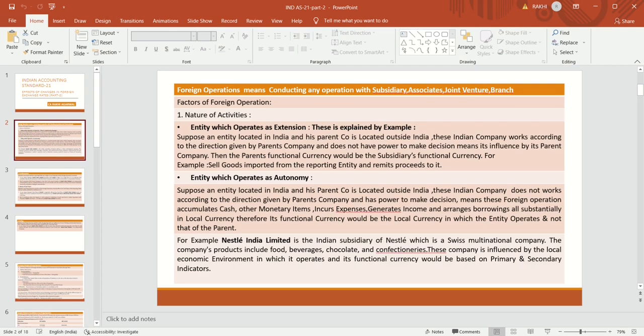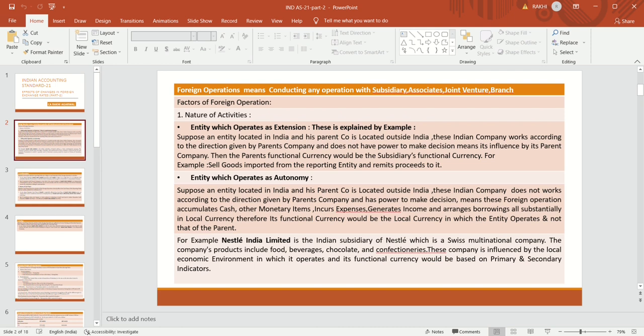Foreign operation means conducting any operation with a subsidiary, associate, joint venture, or branch. Means if any parent company has any operation with a subsidiary, associate, joint venture, branch, that is the foreign operation. This is to be explained by example.